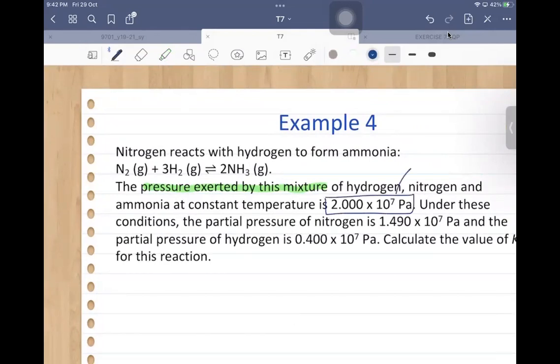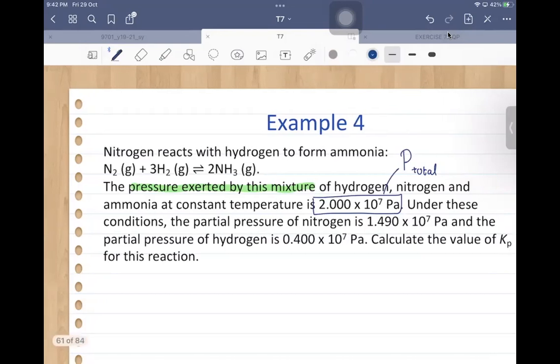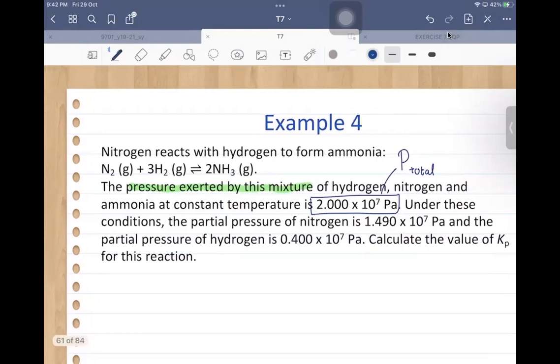Okay, that's your pressure total. Under these conditions, the partial pressure of nitrogen is 1.49 times 10 to the power of 7. The partial pressure of hydrogen is 0.4 times 10 to the power of 7 Pascal. Calculate the value of Kp for this reaction.